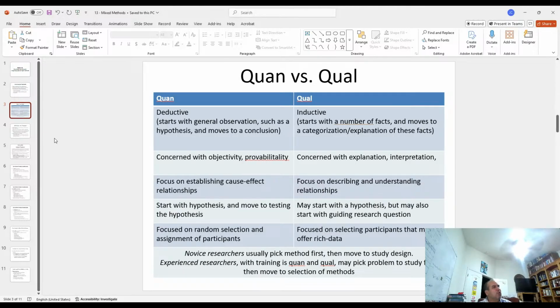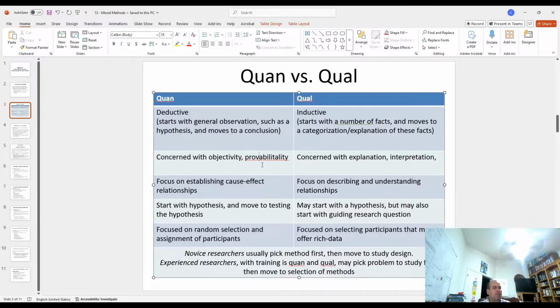Okay. All right. So this is really both quantitative versus qualitative. So the first column, quantitative, is more like deductive observation. You start with general observation, such as a hypothesis, and then from there, obviously you design the study, but ultimately you move to a conclusion.